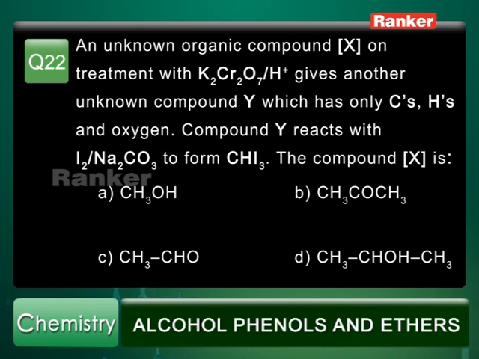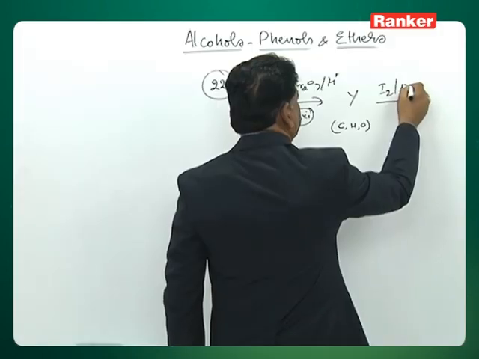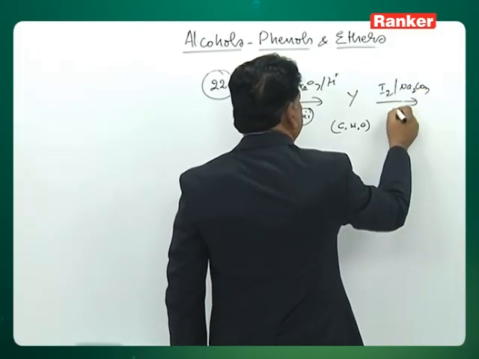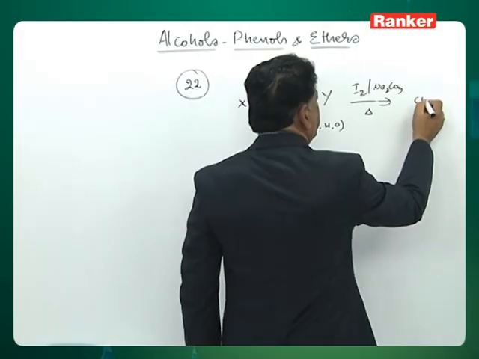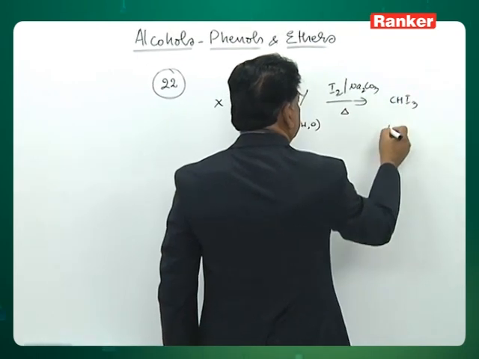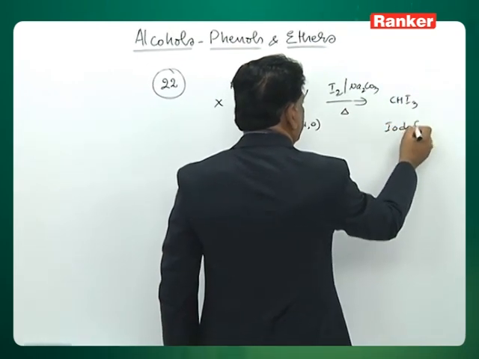However, that Y reacts with iodine and a base like sodium carbonate, Na2CO3, on boiling. It gives a well-known compound, CHI3. CHI3 is known as iodoform.